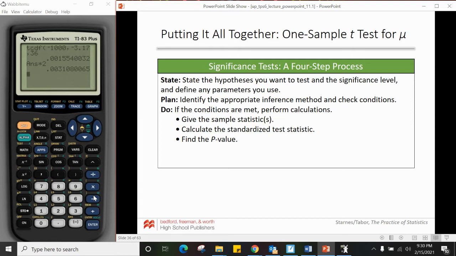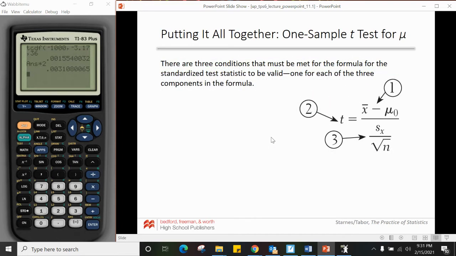Then your p-value would be using that tcdf with the appropriate degrees of freedom. I would also add that you should write your degrees of freedom. It's good for you not to forget, and it's good for the grader to see that this is the degrees of freedom I'm using. Then make your conclusion, the same way we did in chapter 9. If the p-value is less than alpha, I'm going to reject H naught. If the p-value is greater than alpha, I'm going to fail to reject.